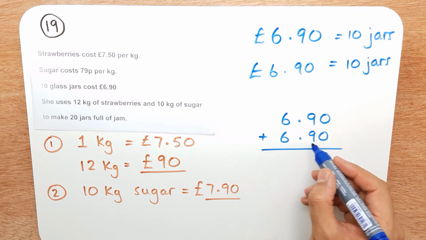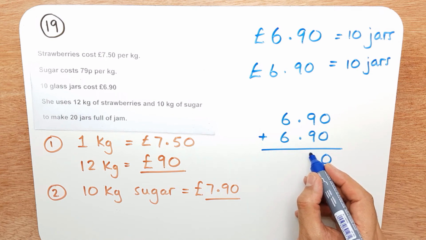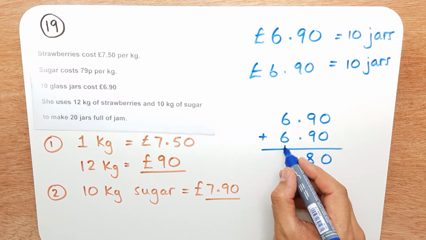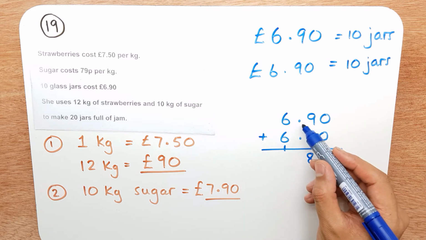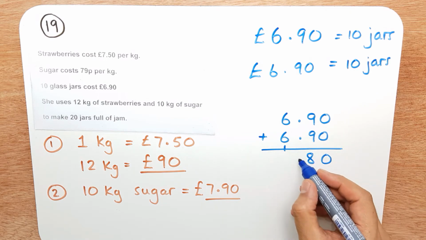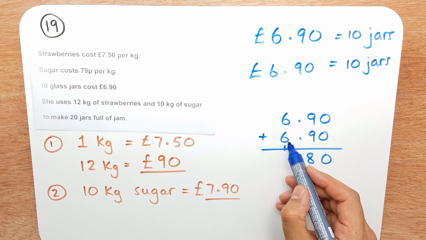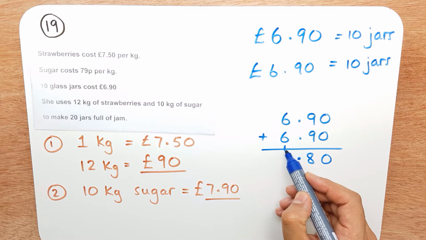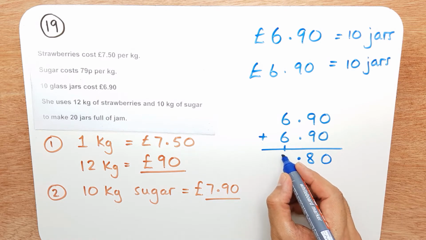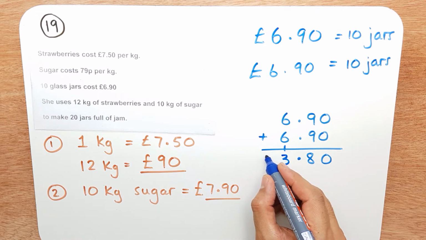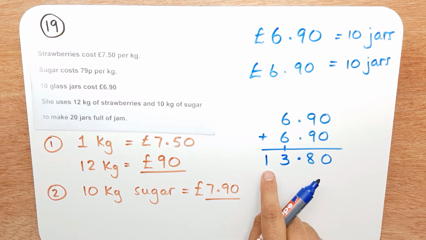9 add 9 is 18. We put the 8 down. Carry the 1 to the next column. Now we have to line this decimal point up. 6 add 6 is 12. Add the 1 is 13. So we put the 3 down and carry the 1 over to the next column because there's nothing else to do.